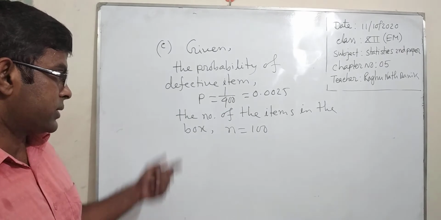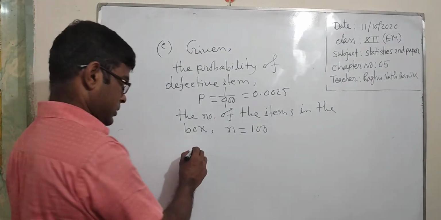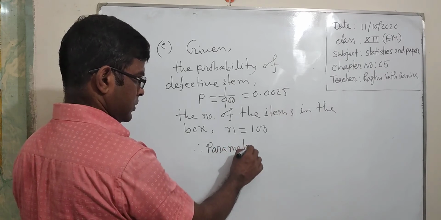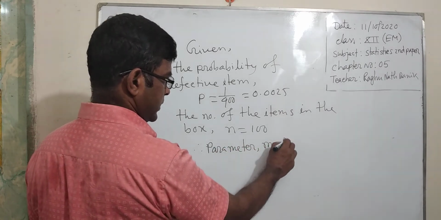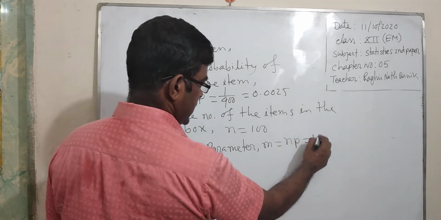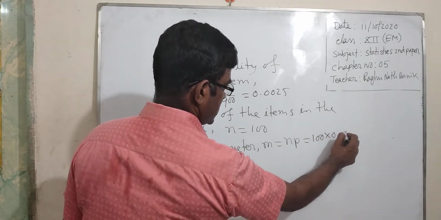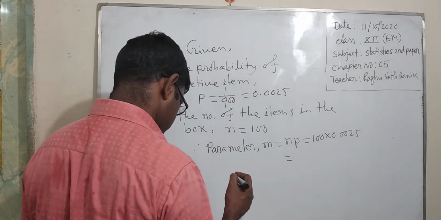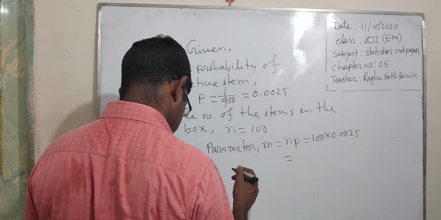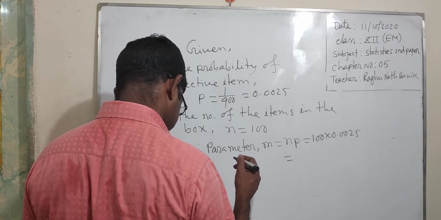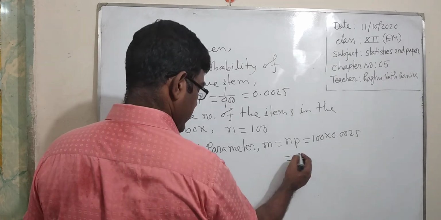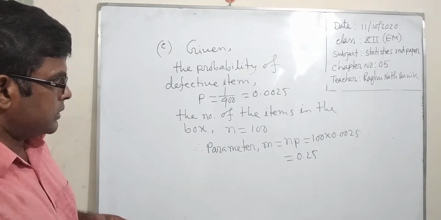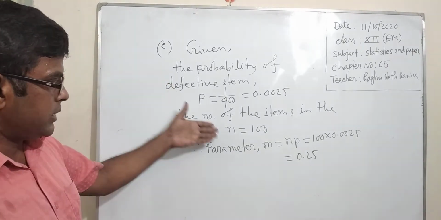Now the parameter m equal to np. That means 100 into 0.0025, that's equal to 0.25. We know that n is very large.